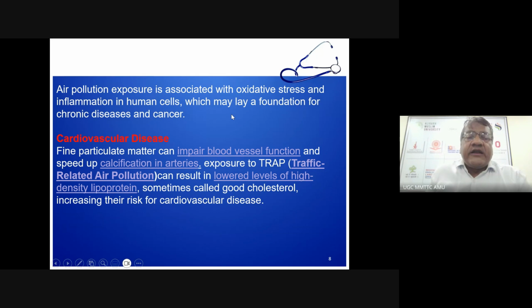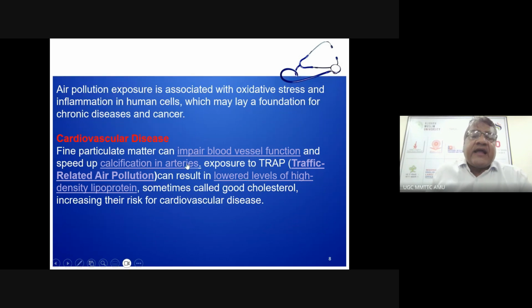Cardiovascular means in these diseases, the heart and the vessels are involved. So fine particulate matter can impair the blood vessel function. जो अभी हमने आपको particles बताए थे इससे पहली slide में, they can impair the blood vessel function and speed up the calcification in arteries.